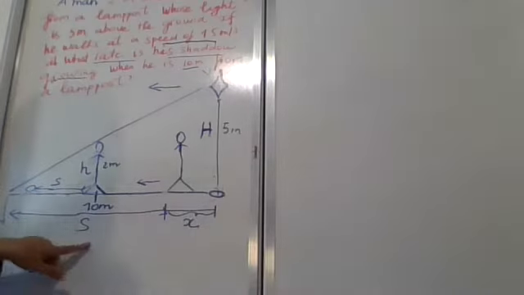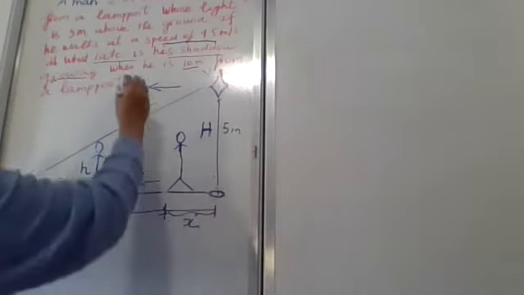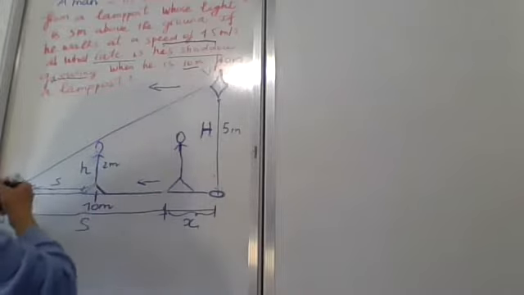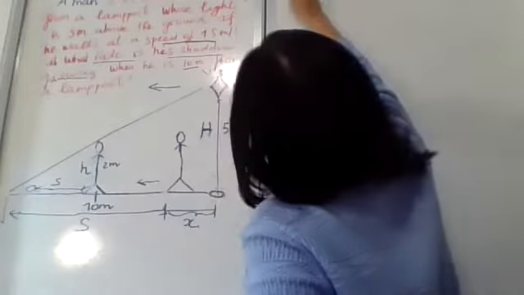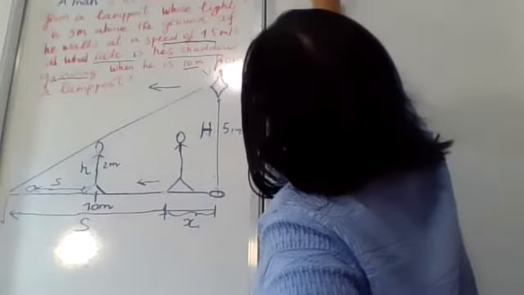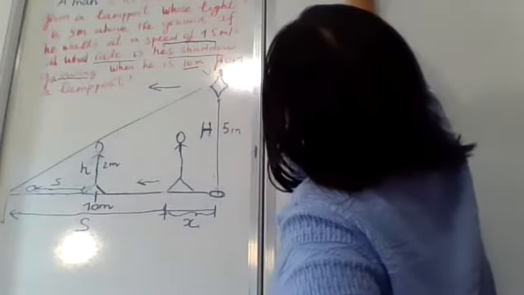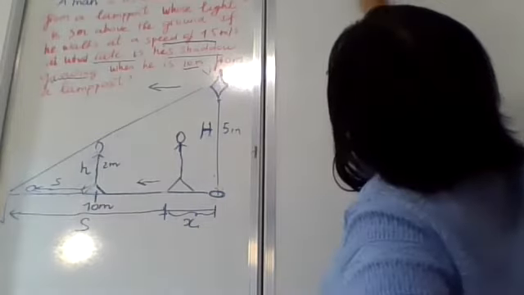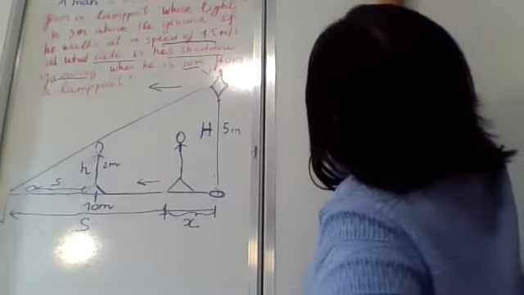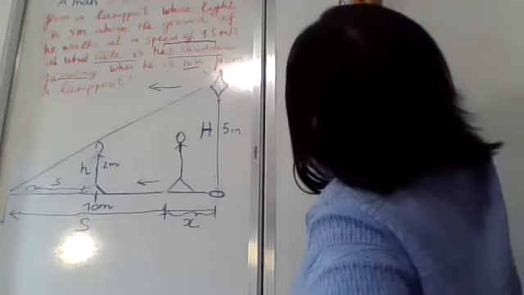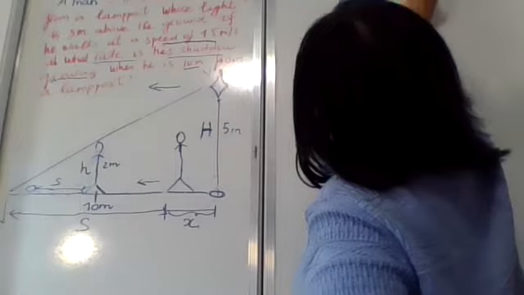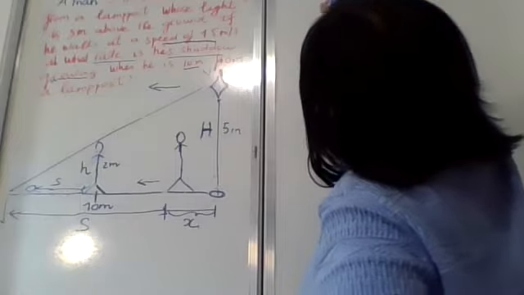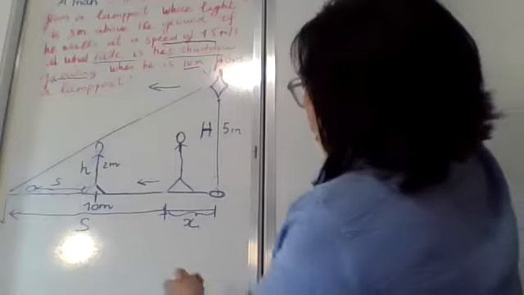Okay, now we know what the question asks for. Let's write out the given information. Given the height of the lamppost, the capital H, equals 5 meters. The small height of the man equals 2 meters. And what else do they give us?